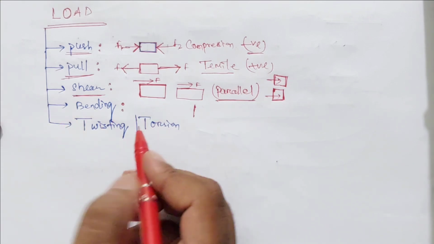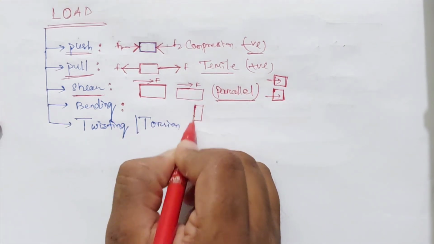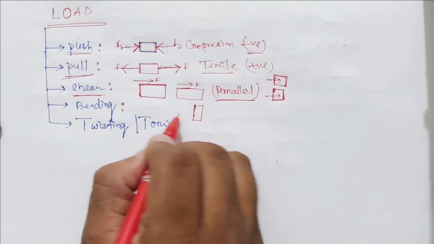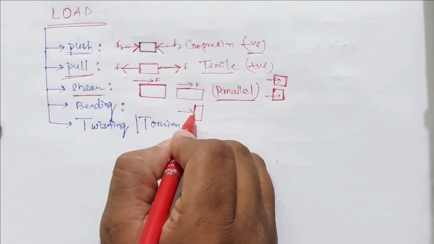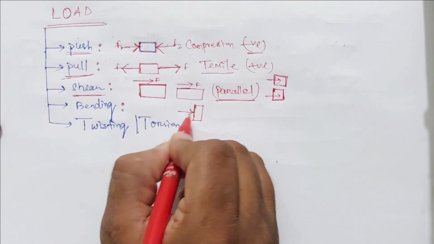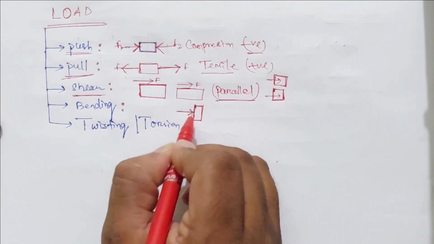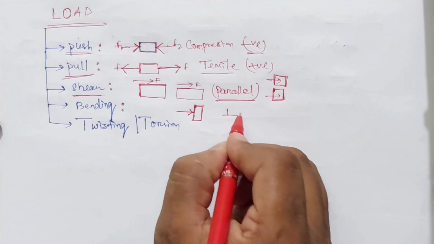Okay, so what is the bending? Bending is nothing but, you can see, this is a structure or the body. When the forces act on this body, direct force we can say, that is the perpendicular force, meaning this is the cross sectional area and the force is applied perpendicular. So this is the parallel, this is the perpendicular.